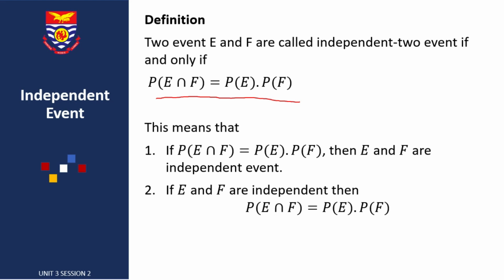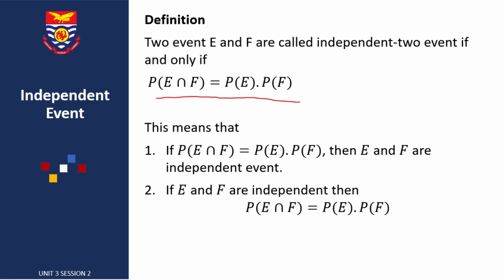If that is the case, then those two events are independent. So if the probability of E intersection F is equal to the probability of E times the probability of F, then E and F are independent events. The other way around, if E and F are independent events, then the same rule holds: the probability of E intersection F is equal to the probability of E times the probability of F.